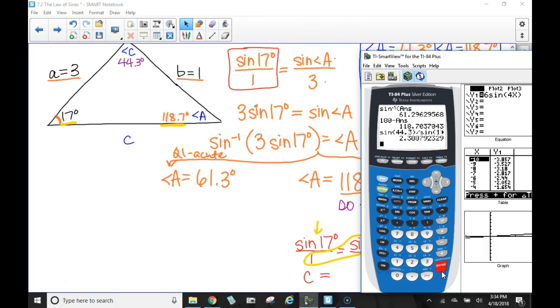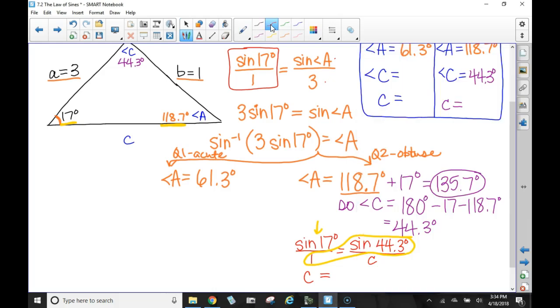We get side C could be 2.4, okay? Let's round to 1/10. Yeah, okay? So it could be 2.4 for our obtuse triangle, 2.4, okay?